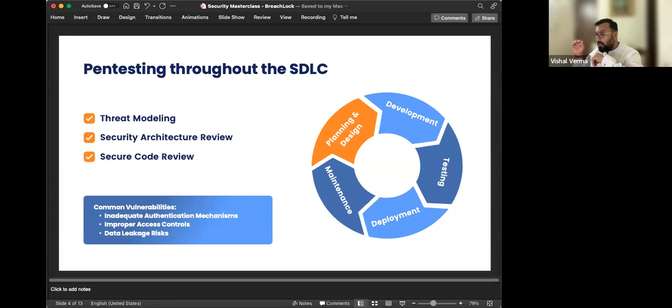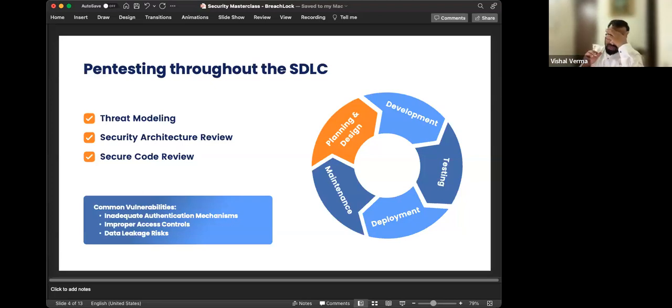So we'll look into the individual segments of the SDLC lifecycle and talk about what continuous and automated pen testing, or pen testing automation, brings to the table for all of them to step in and collectively work together to make a very secure and holistic application.